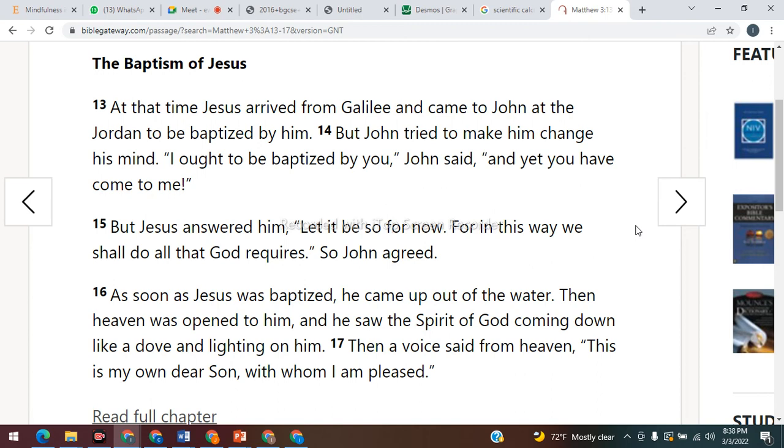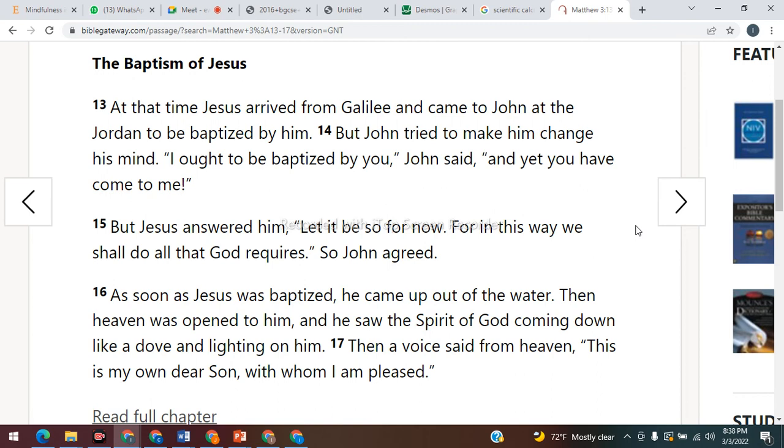So John agreed. As soon as Jesus was baptized, he came up out of the water. Then heaven was opened to him, and he saw the Spirit of God coming down like a dove and lighting on him. Then a voice said from heaven, "This is my own dear son, with whom I am pleased."